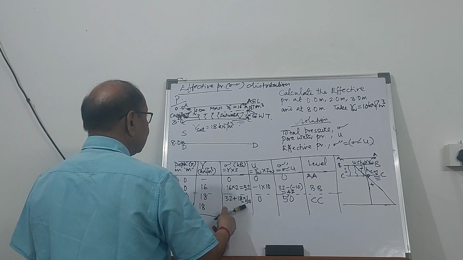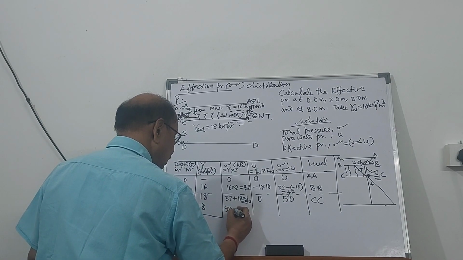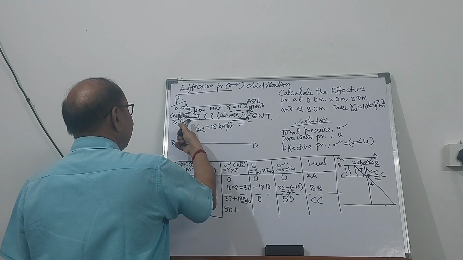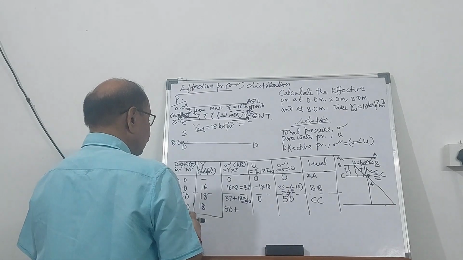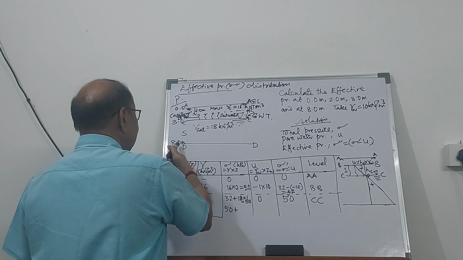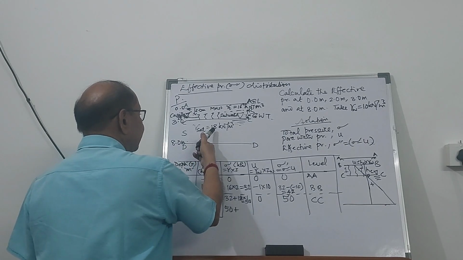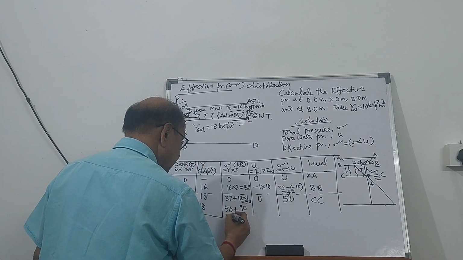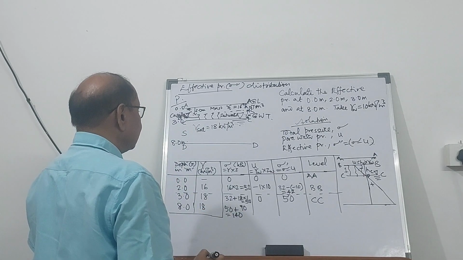It is 50 already up to CC plus. Now the remaining is 5 meter, right? So it is going to be 8 minus 3, that is 5 meter. So 5 multiplied by 18, it becomes 90. So 140 kilopascal.